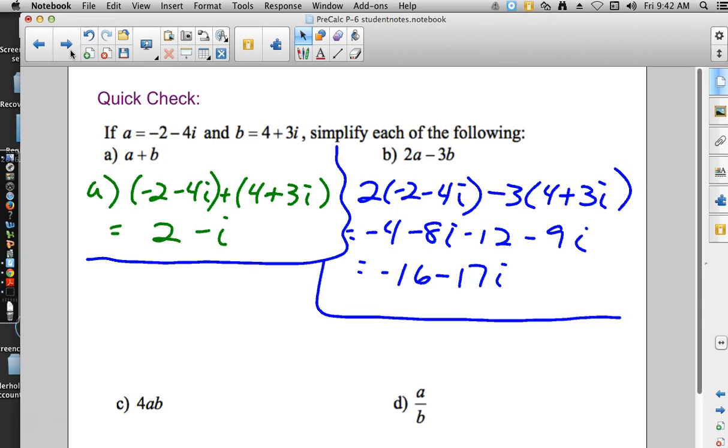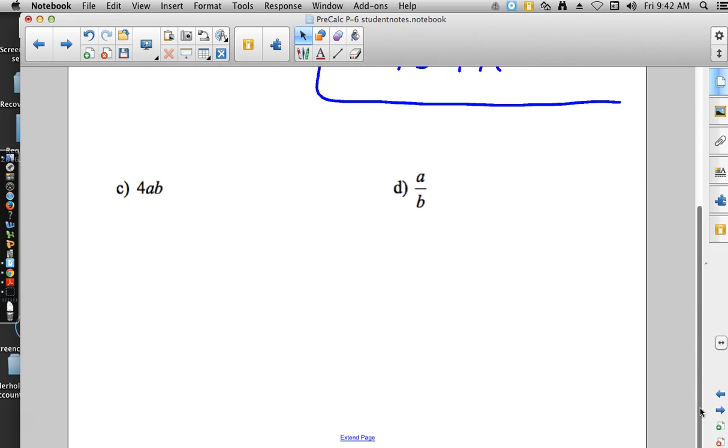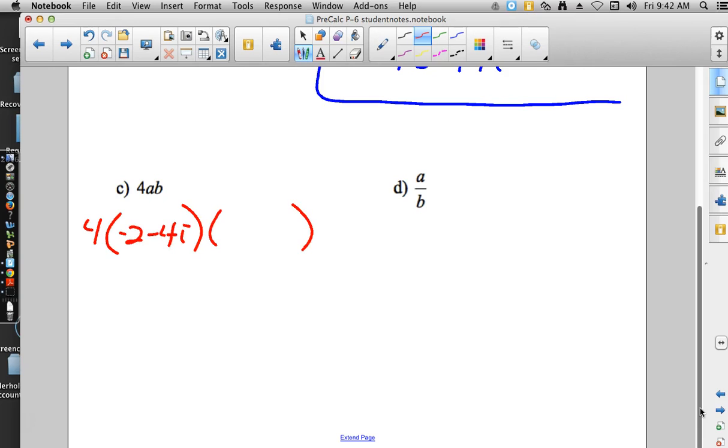All right. This looks like it's going to have a little bit more for us to do. 4 times, and yeah, that scrolled way too far up for me there. That was -2 minus 4i, and we have 4 plus 3i.